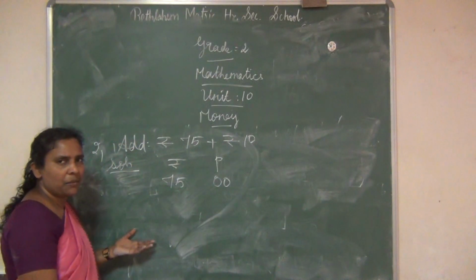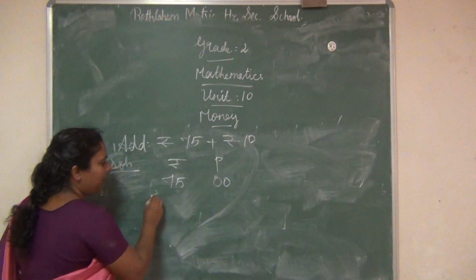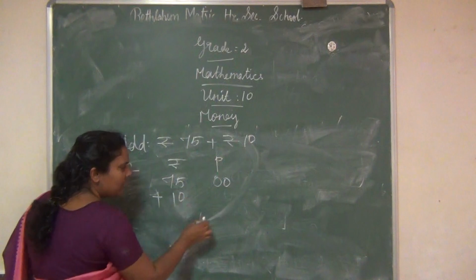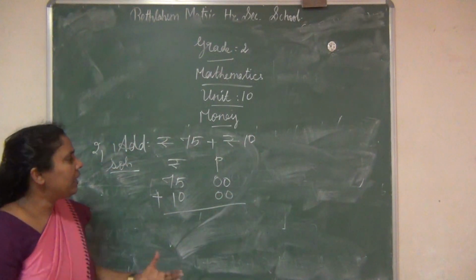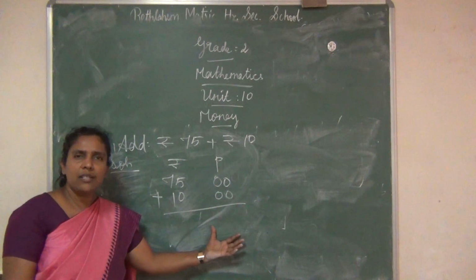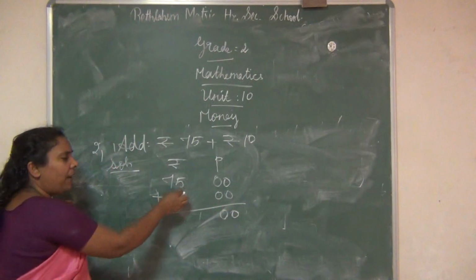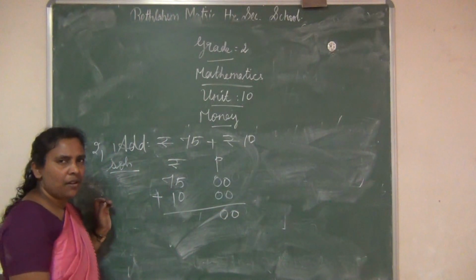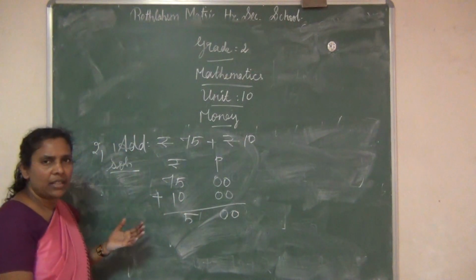No pice. Okay. And listen to the next. What is given here? 10 rupees. See. So plus 10 rupee, no pice. When we are adding, what answer here we will get? 0 plus 0 means here we will get 0. And here 5 plus 0 means the answer is 5. And 7 plus 1 means the answer is 8.